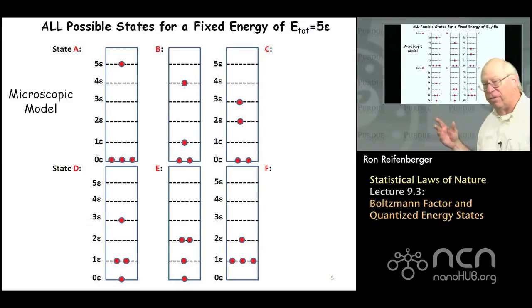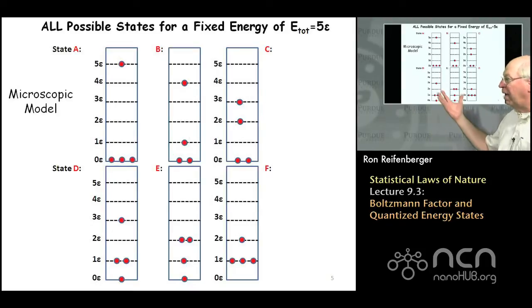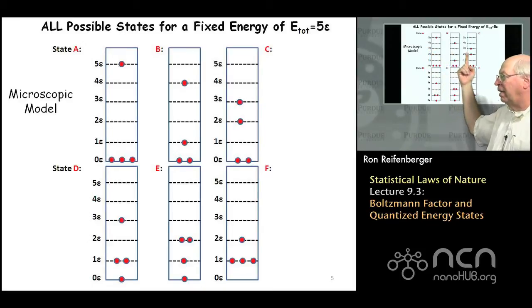It turns out for this system, there are 6 possible configurations. This provides a microscopic model of how the particles can be distributed in energy with the condition that the total energy has got to be equal to 5 epsilon. And to provide a notation, we just call each possible state a letter.